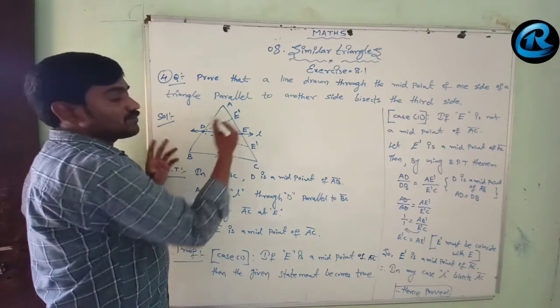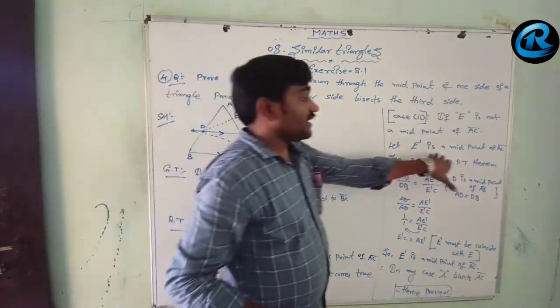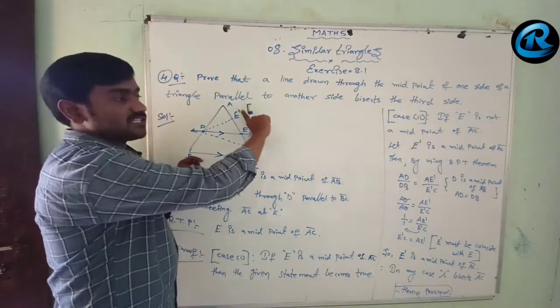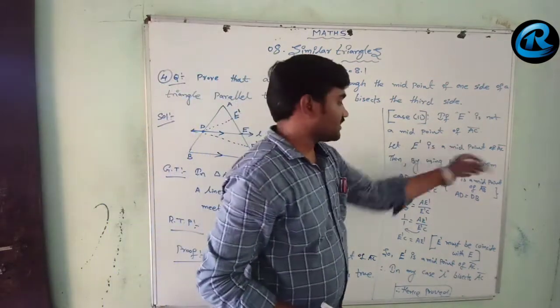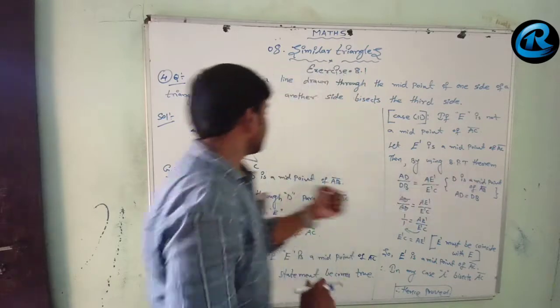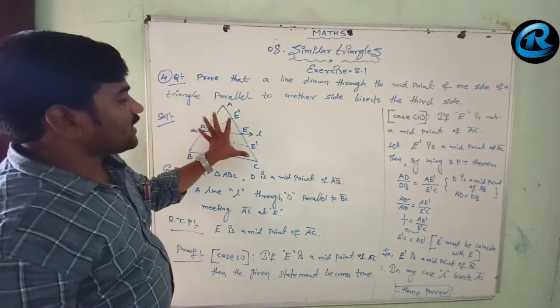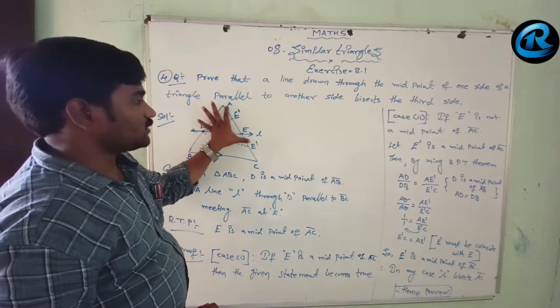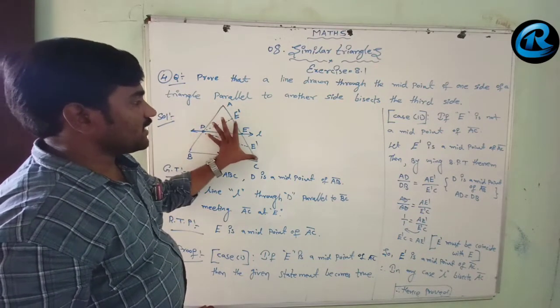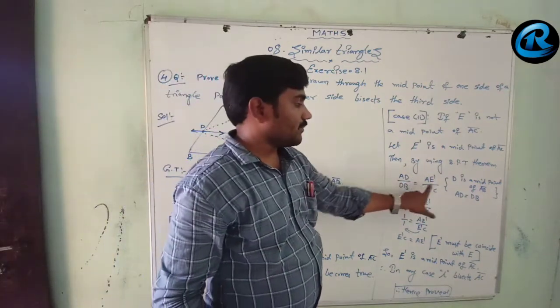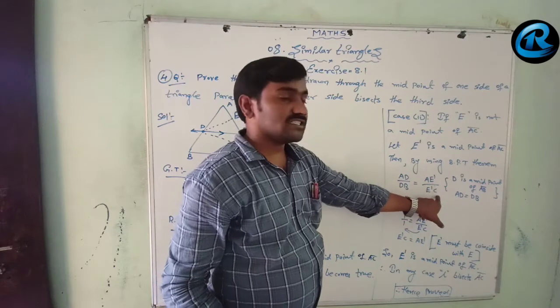Then by using the BPT theorem, we can write AD by DB equal to AE dash by E dash C.